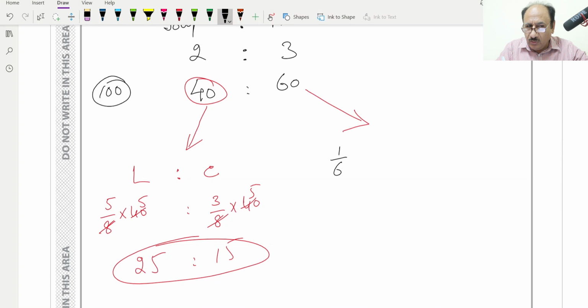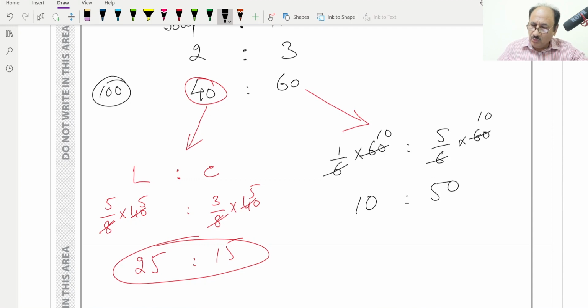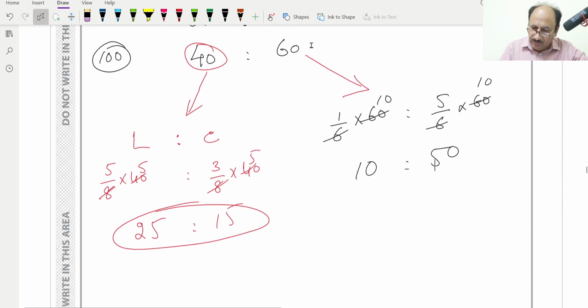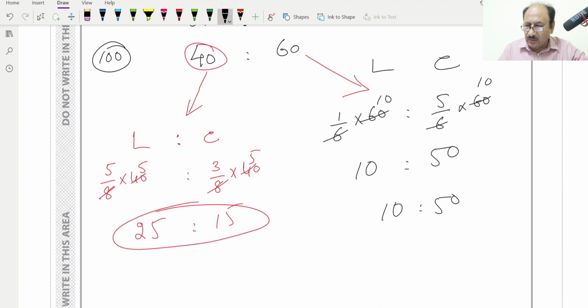So 1 over 6 of 60, and 5 over 6 of 60, and if we calculate, this will be 10 and this one will be 50. So 10 multiplied by 1 will be 10, 5 multiplied by 10 will be 50. So 60 will be divided into 10 and 50, and keep in mind this side is the L side, this side is the curry side, which is C, and we have divided.